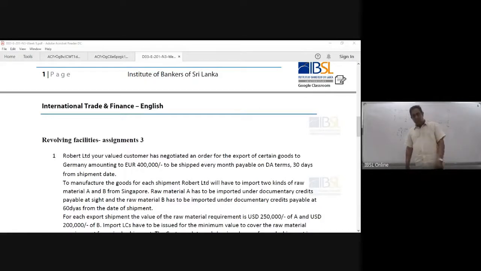Now the second facility is the acceptance facility.